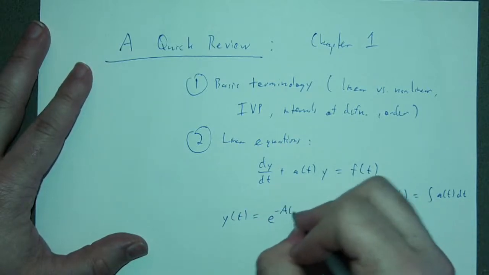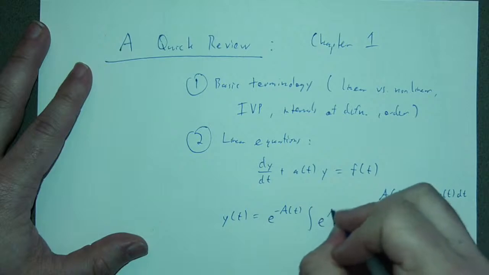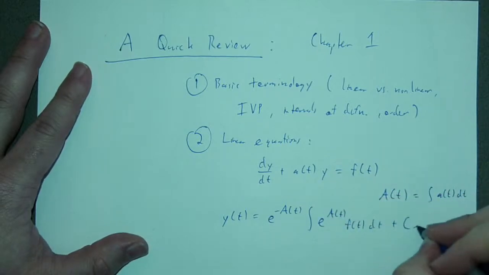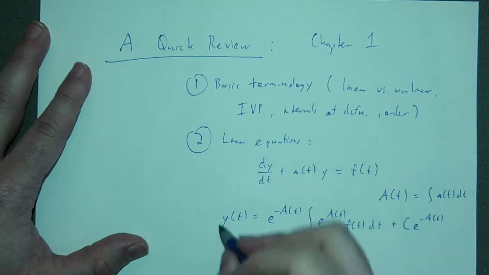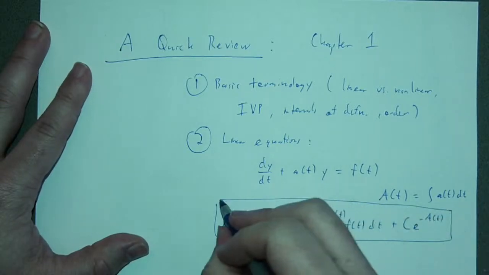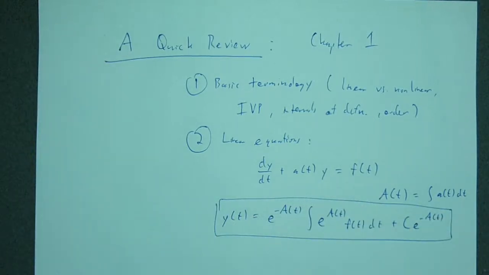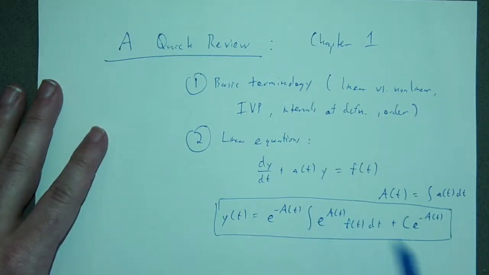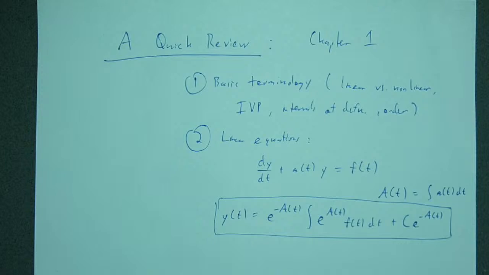It's just e to the minus big A of t times the integral of e to the big A of t f of t dt, plus c times e to the minus big A of t, right? There it is. So if you have a linear equation in front of you, you can immediately write out the solution to it. The only thing that is required is you have to be able to compute two integrals. You have to be able to compute this one, and you have to be able to compute this one. If you can do that, you can write out a closed form expression for an explicit solution immediately.